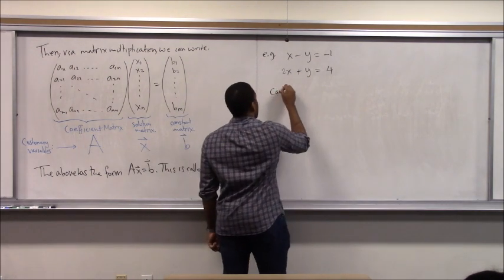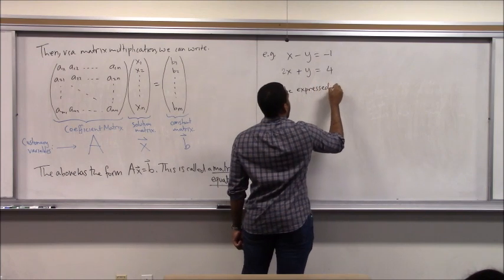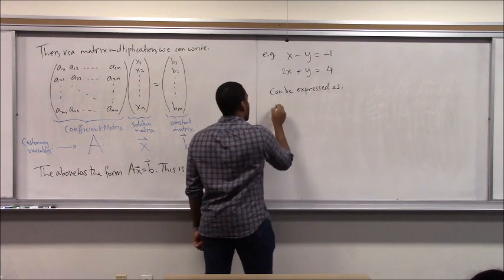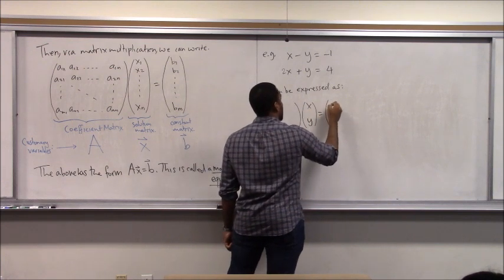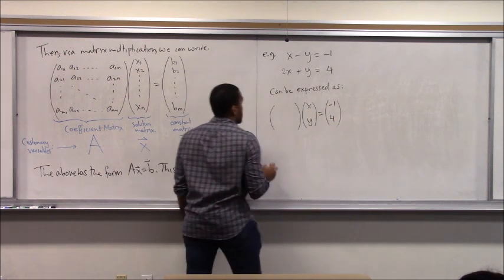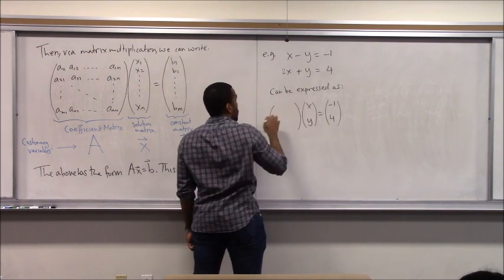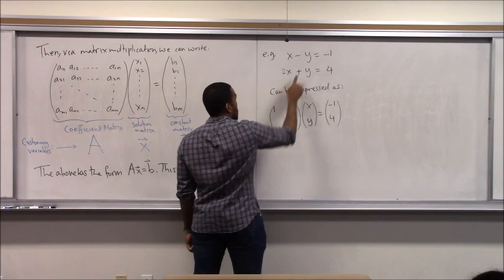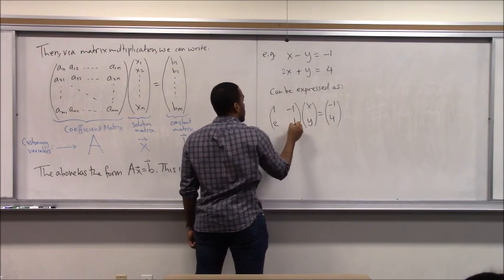This can be expressed as, well, like that, where I take the x coefficients in order. So the coefficient of x is 1, coefficient of y is minus 1, coefficient of x here is 2, coefficient of y is 1.